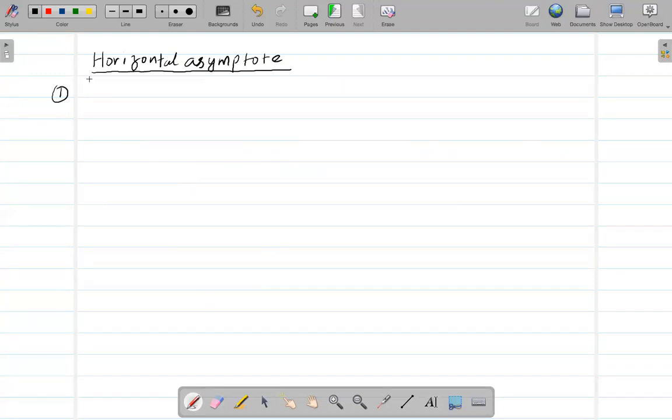The first case is if the degree of the numerator is less than the degree of the denominator, then the horizontal asymptote is always y equals 0. This is one case.